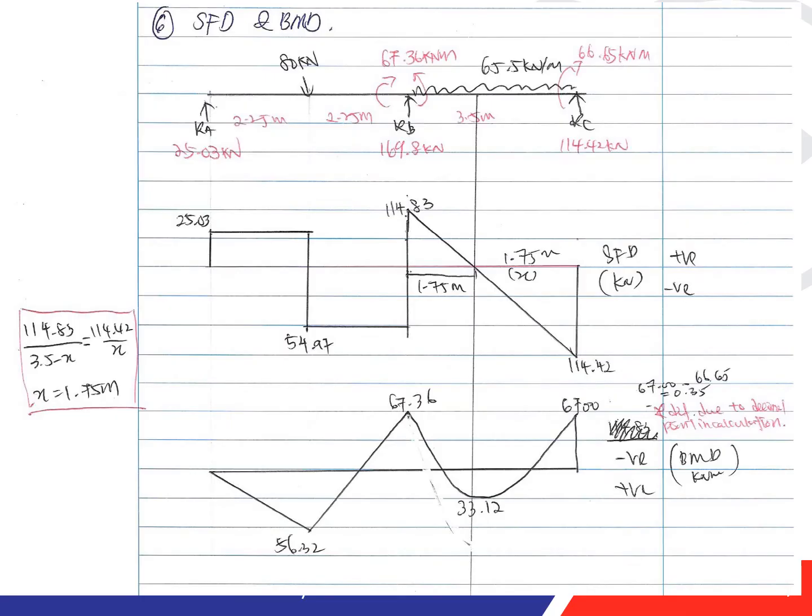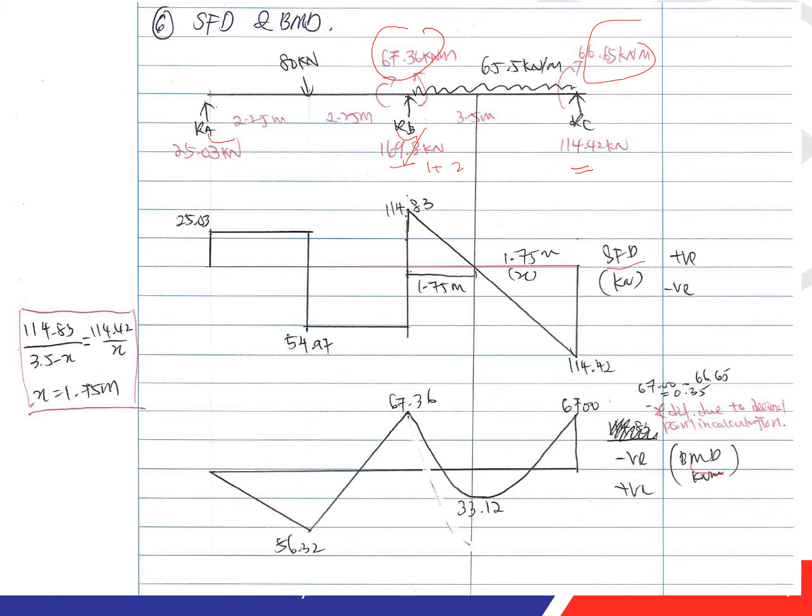After you get RA and RB, RB is the total of RB1 plus RB2, so you get this. Then you need to put in the moments from what you obtained from the table, and then the RC. So now you have everything ready. You can plot the shear force diagram and also the bending moment diagram.